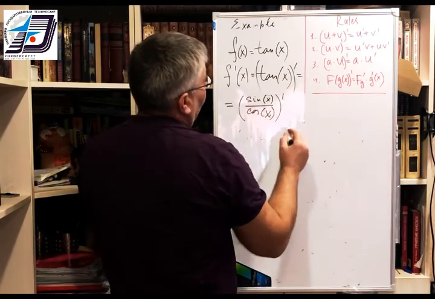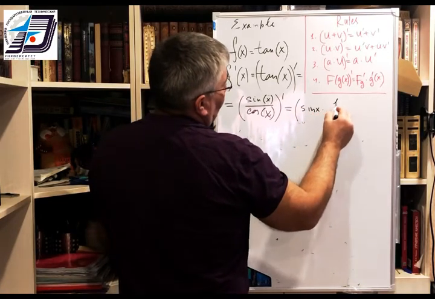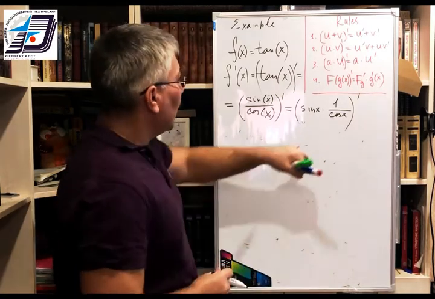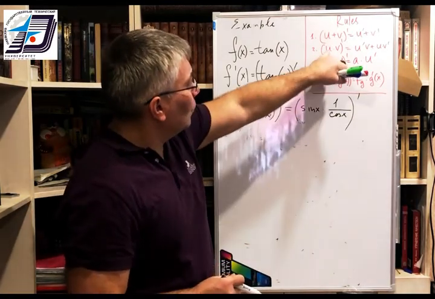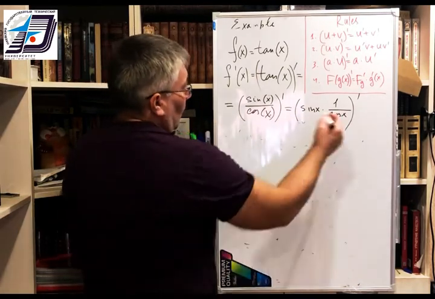And the derivative here is the same as the derivative of sine x times 1 over cosine x. Now you can apply the rules, and you can notice that we have a product of these two functions.